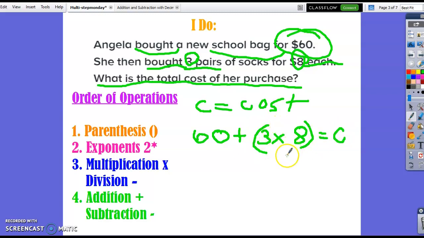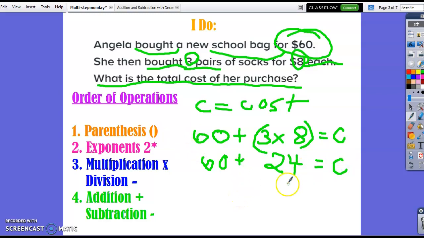Then you're going to think to yourself, okay, I know if I do my order of operations, I do 3 times 8 first, and I get 24. And I'm going to go ahead and move my 60 down, my plus down, my equal sign, and my C for the cost.